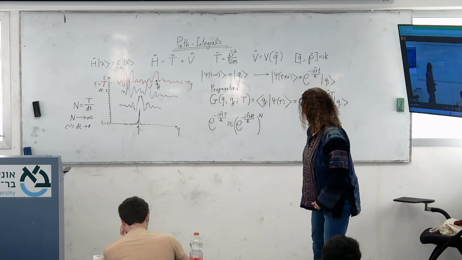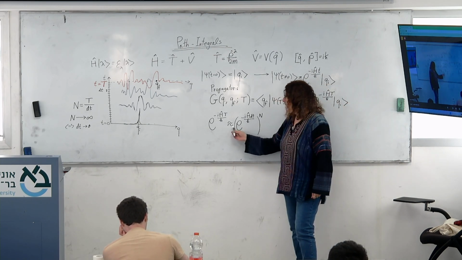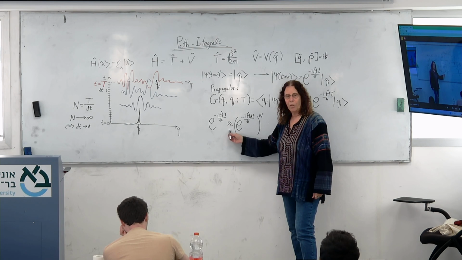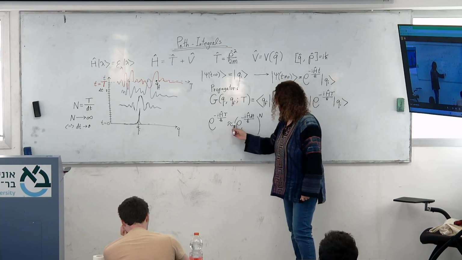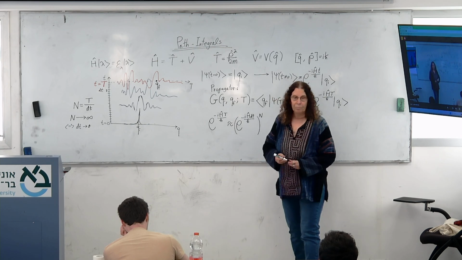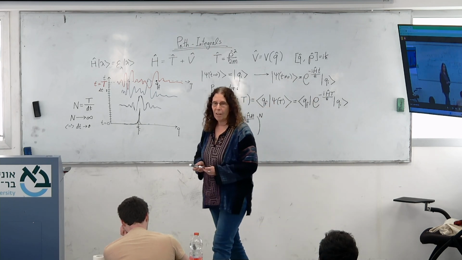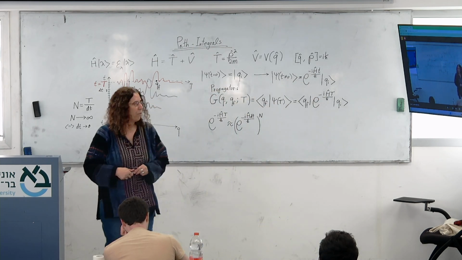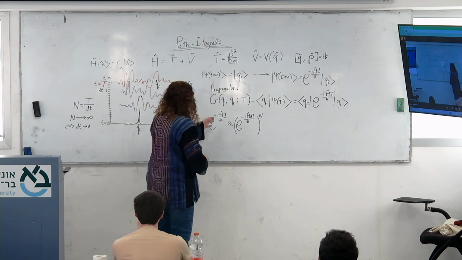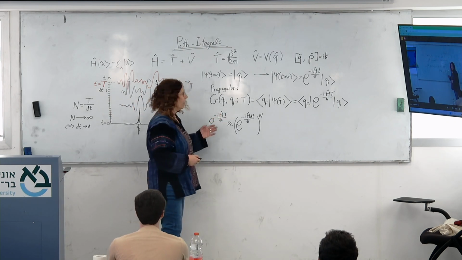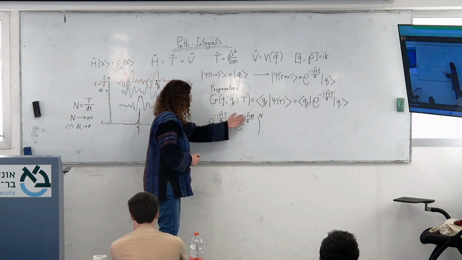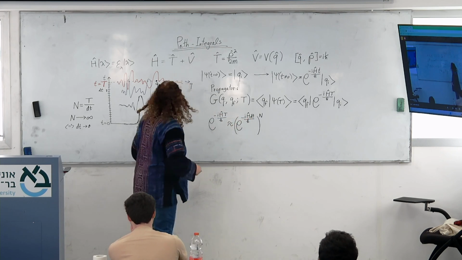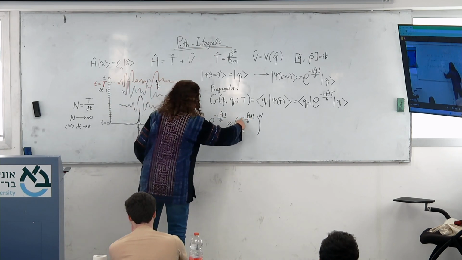Okay? Now, why do I write here an approximation sign and not an equality? Why is it not an exact relation? Because if H was just a number, then, of course, the product of this gives you an exponent of the sum.